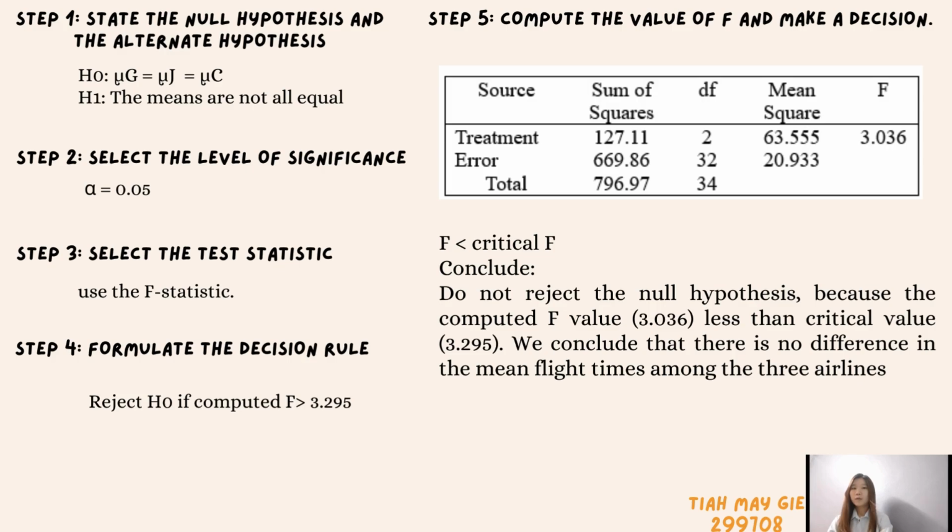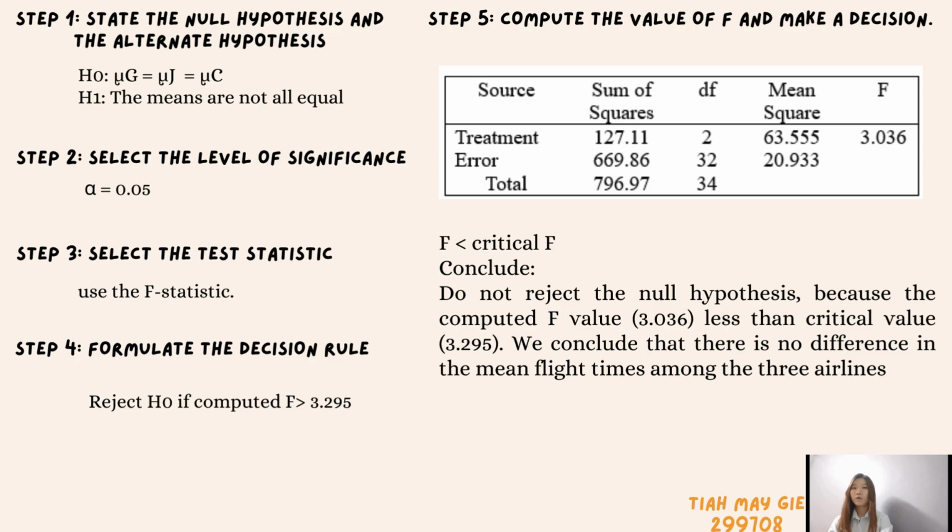For Ghost, 51 minus 50.5 until the end, for Jackrabbit, 50 minus 52.07 until the end, and the last is Clapton, 52 minus 55.71 until the end, which gives 669.86. The DF for error is N minus K. N is 34, K is 2. 34 minus 2 is 32.